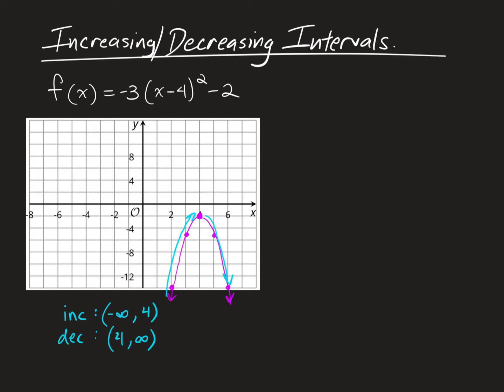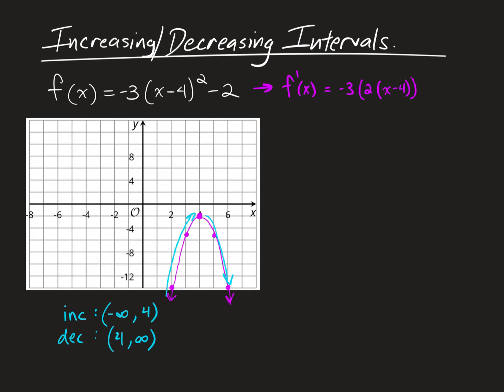But in calculus, you are unable to use the graph. We've got to do things algebraically. So what the heck are you supposed to do to figure out where a function is increasing or decreasing? Well, being calculus, we're going to use the derivative to help describe the original function. So let's take a look at the derivative of this function. f prime of x will equal, by the chain rule here, negative 3 times 2x minus 4.